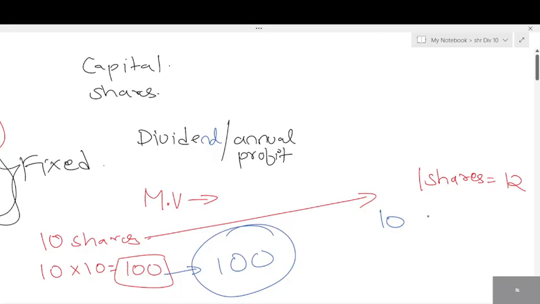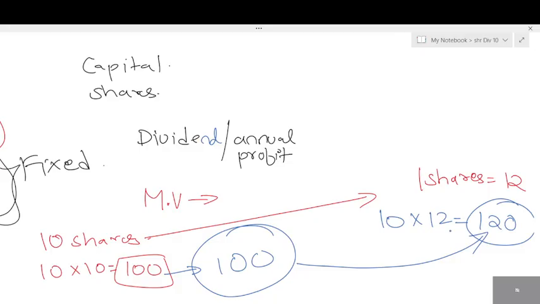What's the total value I have? 10 into 12. Is it 100 or 120? 120. So this is my profit. This is the concept of shares and dividend. Share is nothing but the parts which you own in a company. Dividend is nothing but the profit. See, this is how we calculate. So my overall profit, if I'm selling all the shares, I'm getting rupees 20 extra.